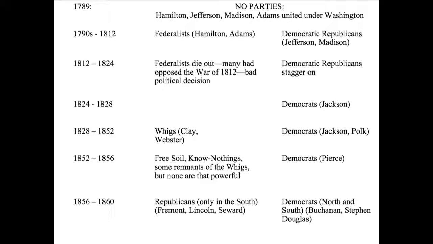But as you're looking at this list, and I certainly don't expect you to memorize all these names or to necessarily know where everyone is, it will help you to understand that the people on one side were generally in favor of less of a national government, and the people on the other side were generally in favor of more national government.